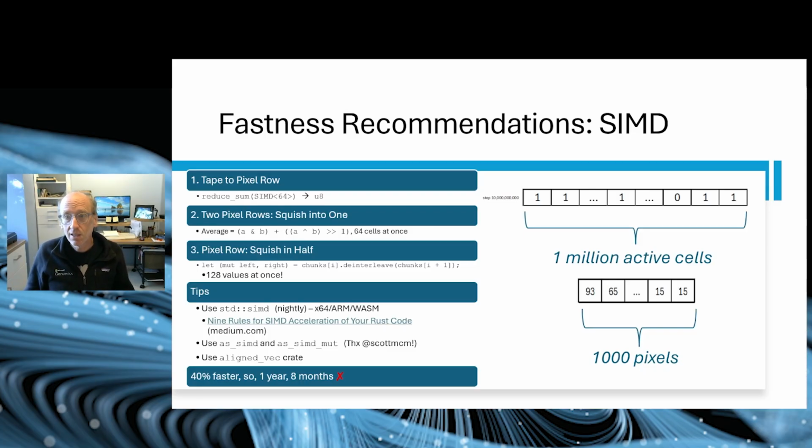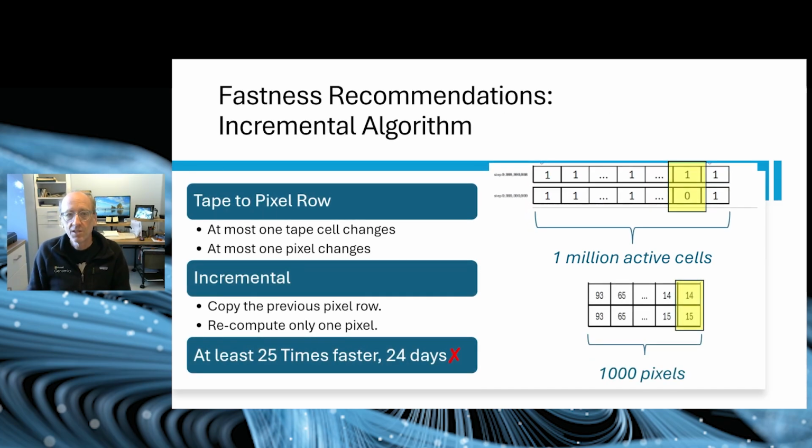The SIMD will make its operations often like 5 or 6 times faster, but the whole visualization program isn't doing those operations all the time. So the total effect was 40% faster, which is good, but it would still make the runtime for doing 10 trillion visualization steps 1 year, 8 months, which is still too much.